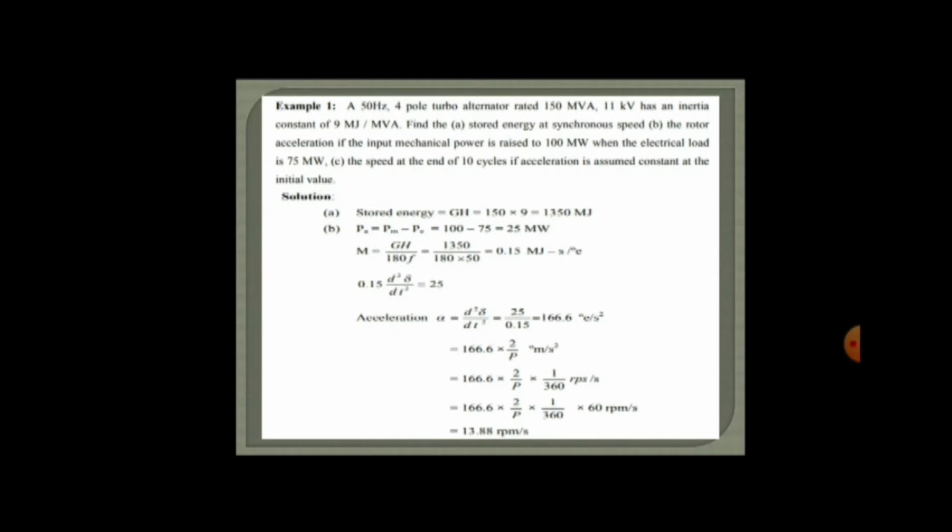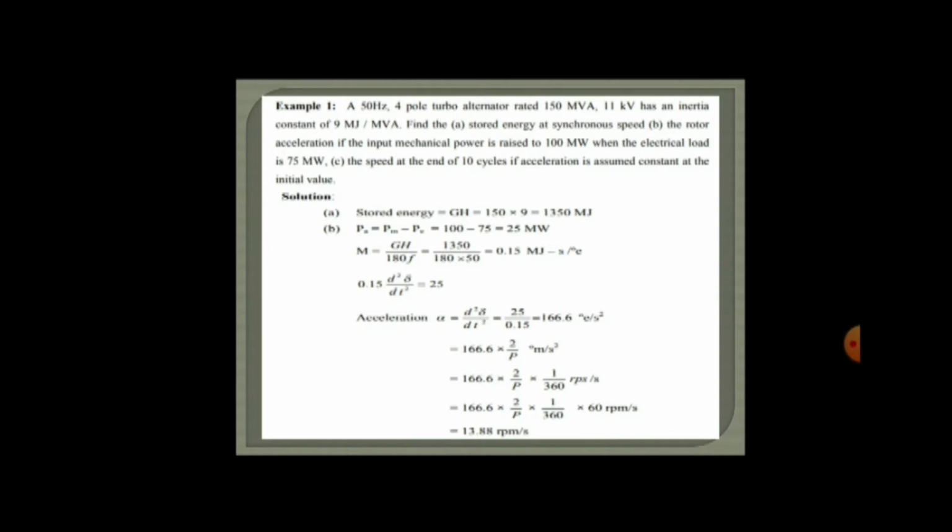So you know what is the formula: d square delta by dt square. So that is 25 by 0.15.